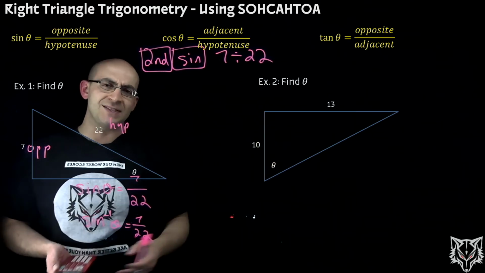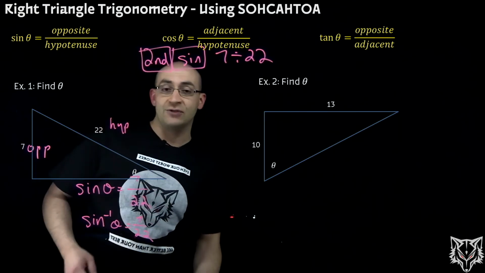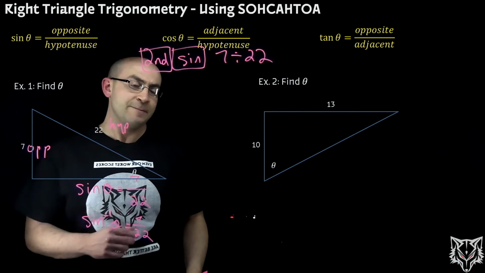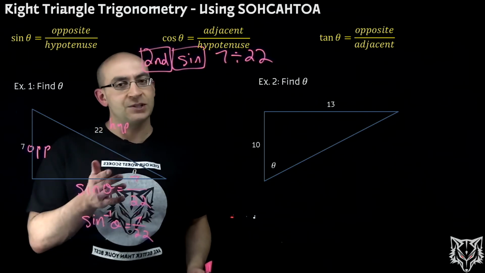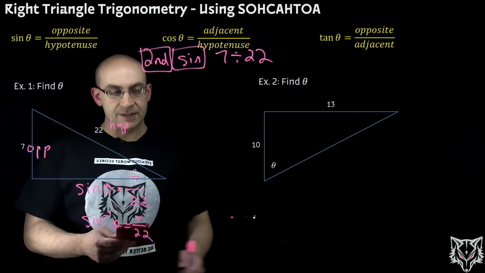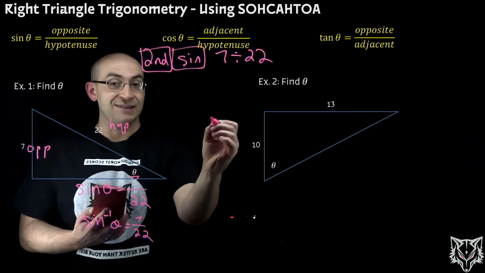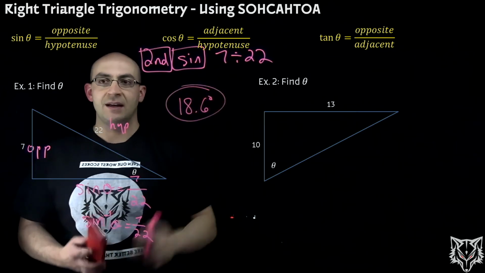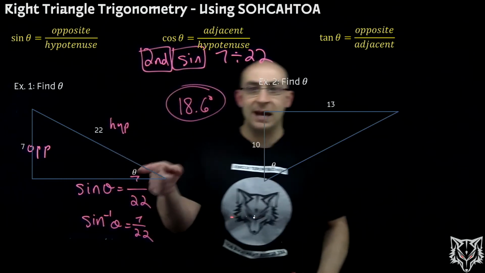Radian is obviously a valid measurement, and it is very useful, but when we talk about things like this, it's not going to be super helpful. So make sure you're on degrees, and we're going to round to the nearest tenth. I'm going to have 18.6 degrees, and that's going to be the angle measurement of theta.